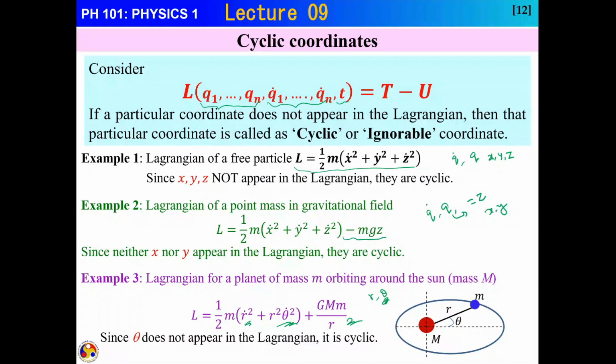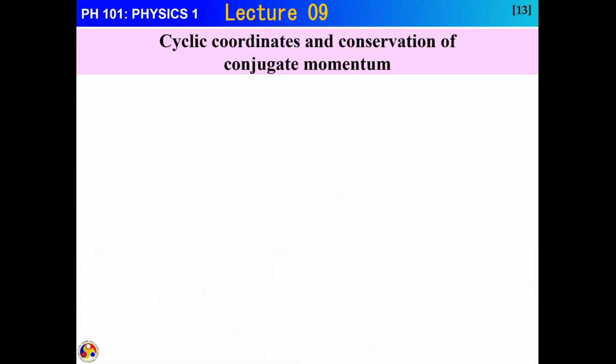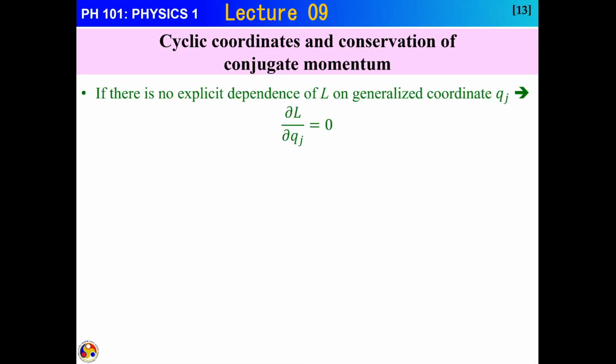So what this gives us an idea, indirectly in a functional form, is that if the Lagrangian does not have explicit dependence on a given coordinate qj, we can simply say that the derivative of the Lagrangian with respect to that coordinate is simply 0.